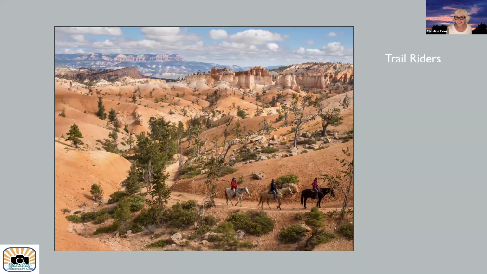I understand the draw to taking the pictures of the people on the horses with all of this. Unfortunately, the horses and the people are kind of walking out of the scene, and they don't feel part of the environment.